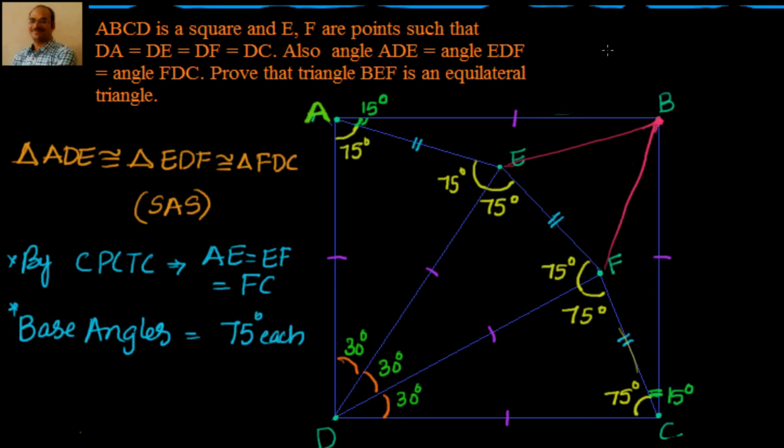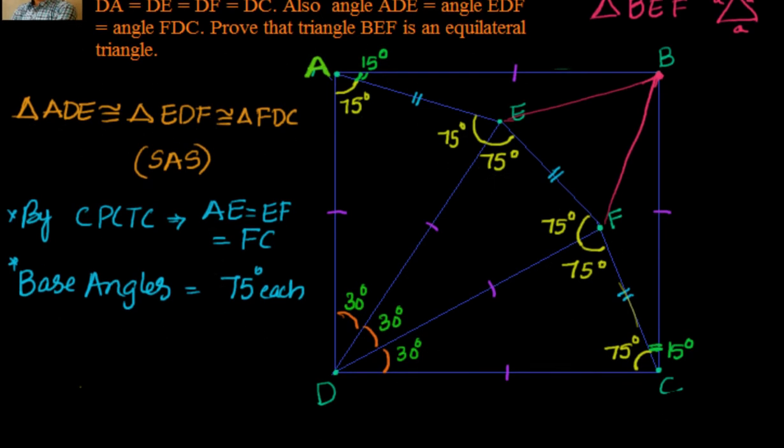We have to prove triangle BEF is an equilateral triangle, which means all the sides are equal. We have got all the information.